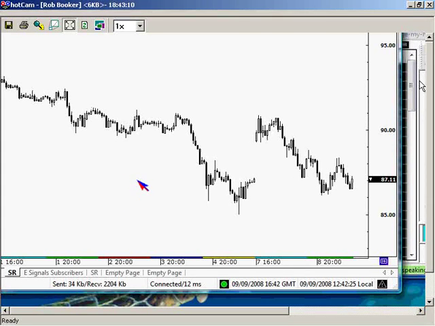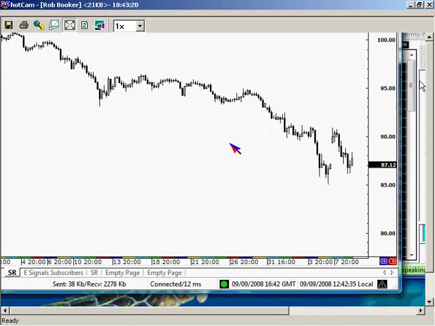Let's go to the 4-hour. Yeah, this one looks much better. You see how this one looks as opposed to the Japanese yen that's been kind of ranging a little bit. This one I can definitely tell in the long term it's been going down really good.